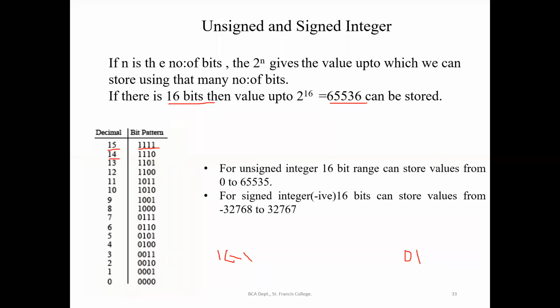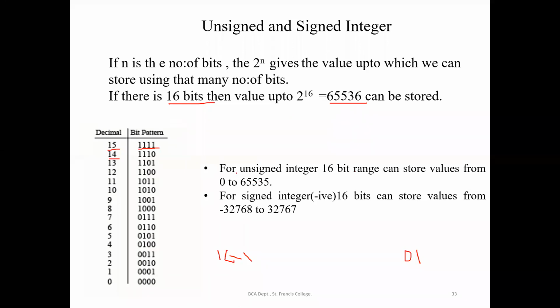If I declare a variable a of integer data type and give the value 70,000, it will show error. Is it clear? If in the next line I give a equal to 70,000, because we can store only up to 65,000, it will show error.